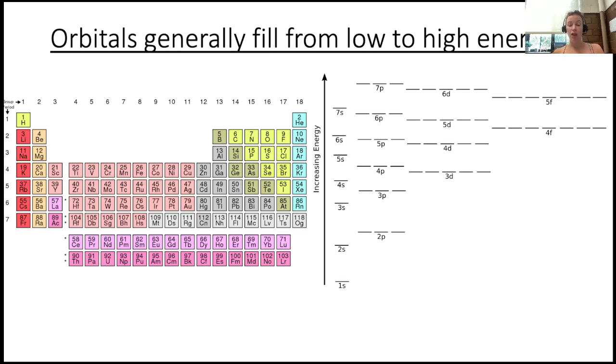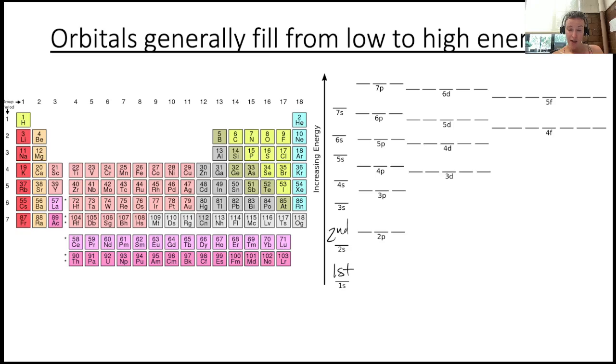So, looking on the right-hand side, folks, I have a diagram showing you how energetic the various orbitals are. So the very first orbital that's going to be filled is going to be the 1s orbital because it is the lowest energy. If we go to the next highest energy, we see 2s, so that'll be filled second.